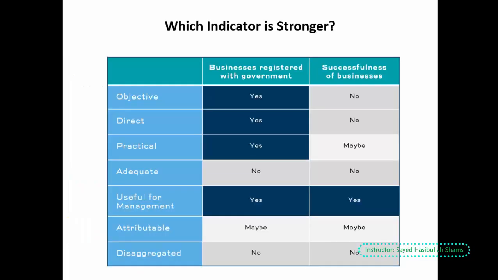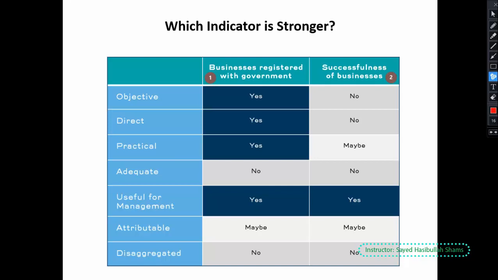Now we will have a good example of this. We have two indicators, for example. Indicator number one is businesses registered with local government, and indicator two is the successfulness of new businesses. For example, now we check objectivity.